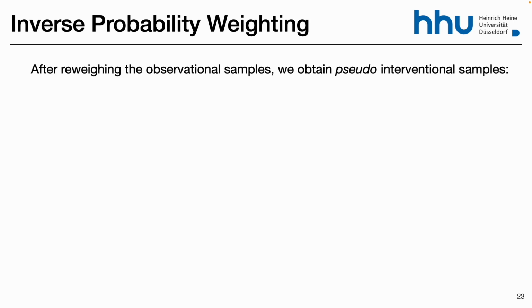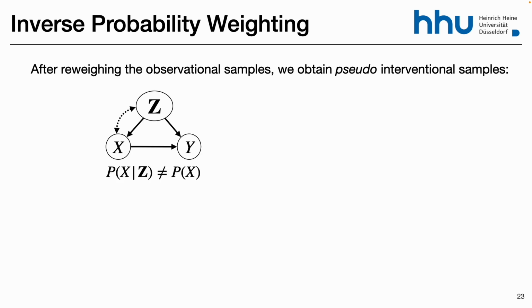So I have here an illustration. Suppose that's my data generating model, my graph here. In the observational scenario, X depends on the set of covariates, so the assignment of the treatment depends on Z. So it's not independent. The probability of X given Z is different than just the probability of X because of these connections here.